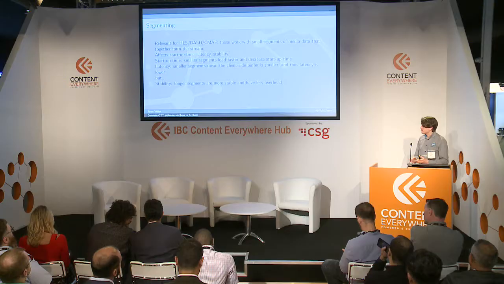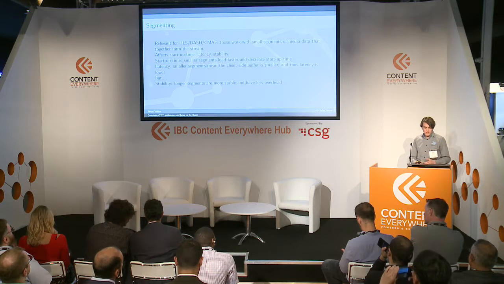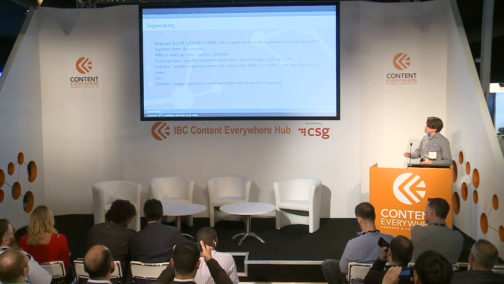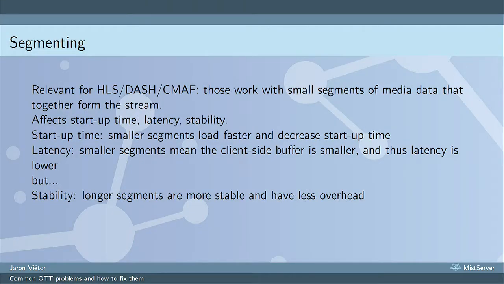Now, segmenting is how long those segments are. So do you make them 1 second, half a second, a minute? The things that are affected by segmenting are startup time, latency, and stability. When it comes to startup time, smaller segments load faster because they take less time to download, which means the startup time is reduced. So if you want low startup time, make small segments.